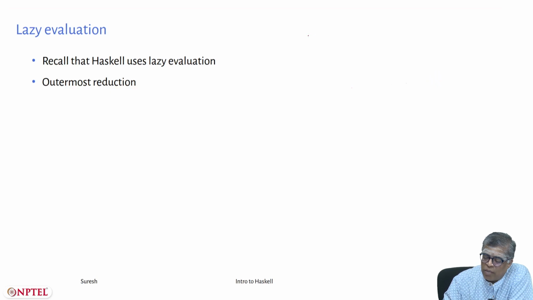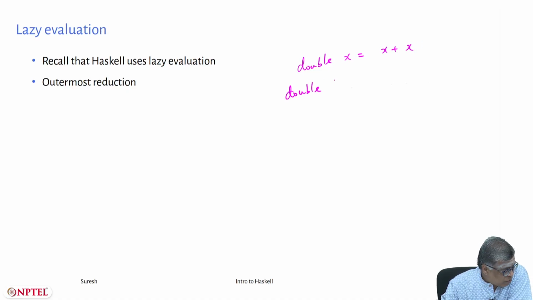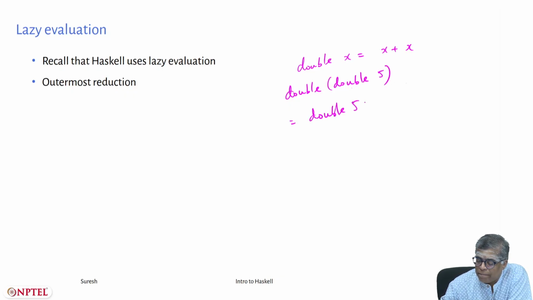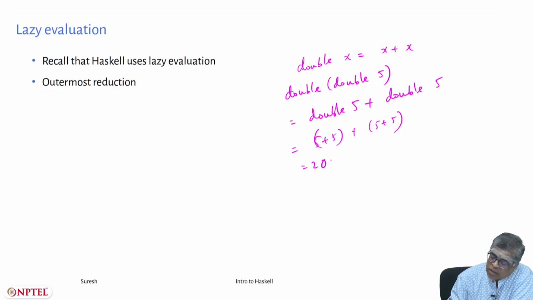If you define double of x to be x plus x, double of 5 is double of 5 plus double of 5, and then it is 5 plus 5 plus. Yeah, this is how it will do.